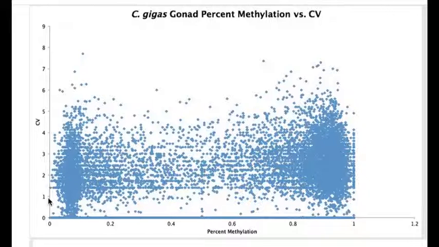Can you explain a little bit about CV? Coefficient of variance of what? So it's the standard deviation over the mean. In this case, the standard deviation of RPKM, reads per kilobase per million, over the mean RPKM per gene.